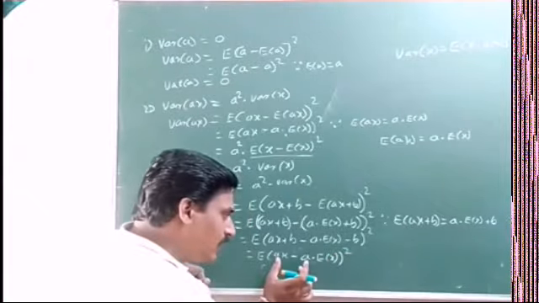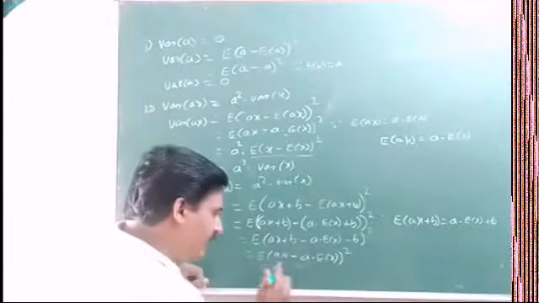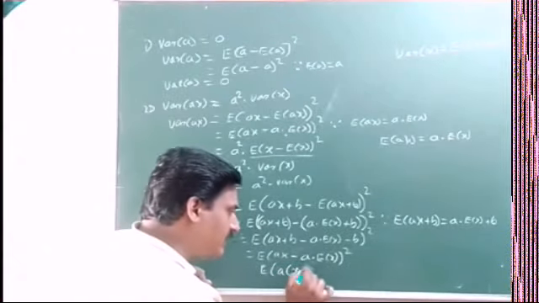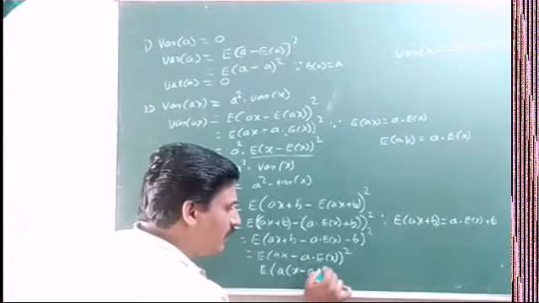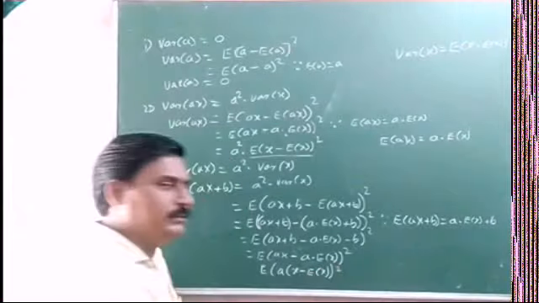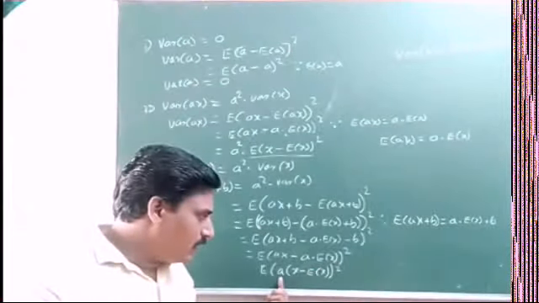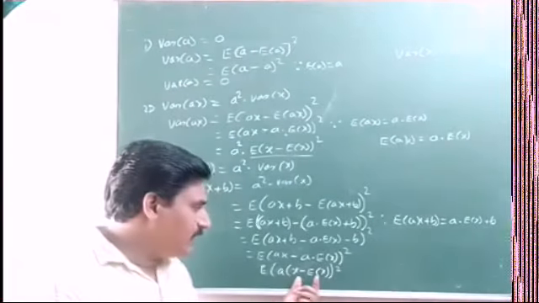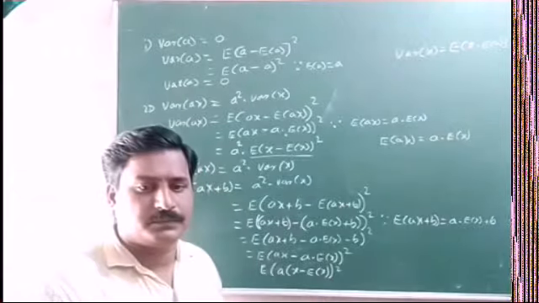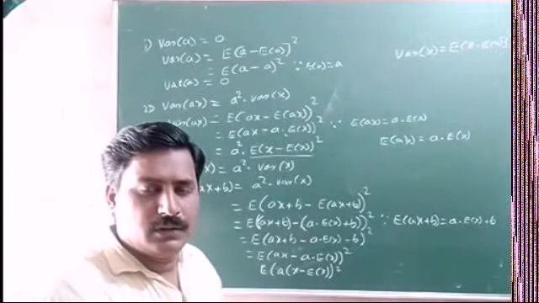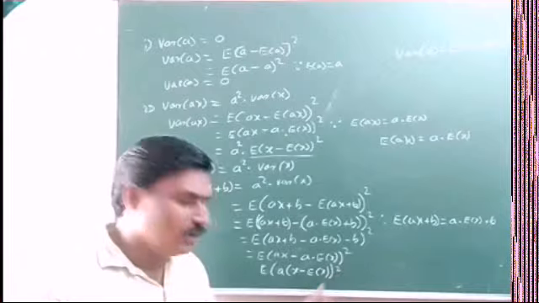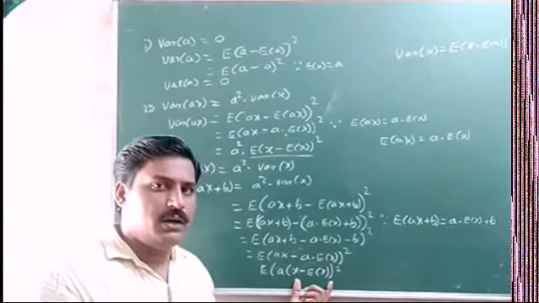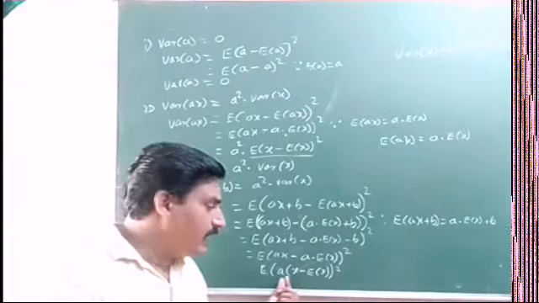Both have a common a, so take it outside within the bracket: a into bracket x minus E of x whole square. Now x minus E of x whole square is the formula of variance, and a is a constant here.